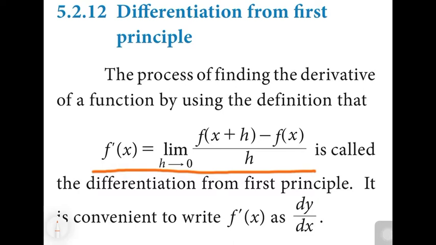If we differentiate using this formula, then we can tell it is differentiation from first principle, and it is f dash of x. We can write f dash of x as dy by dx, where y is the function of x, that is d by dx of f of x.